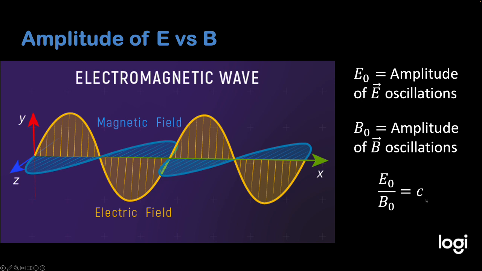And they are actually also related by this C, that E over B is equal to C. So the amplitude E naught is actually C times the amplitude of B naught, if I just multiply both sides by B naught. So generally, since C is such a big number, the oscillations of the electric field tend to be much bigger than the oscillations in the magnetic field in terms of just the amplitude and those numbers.